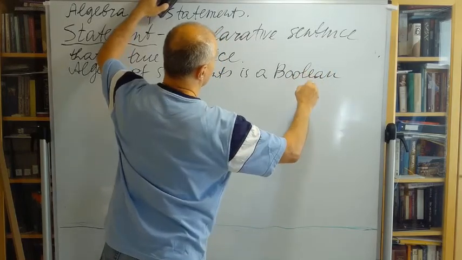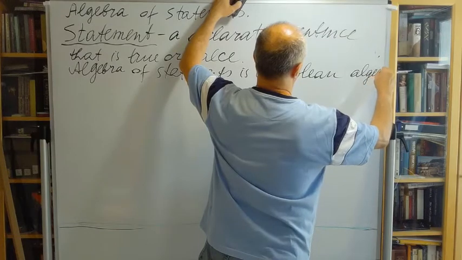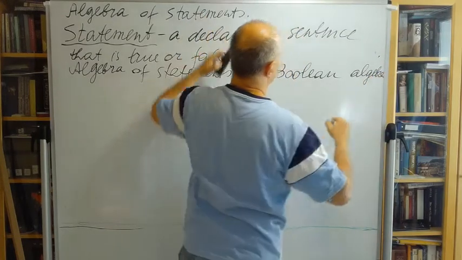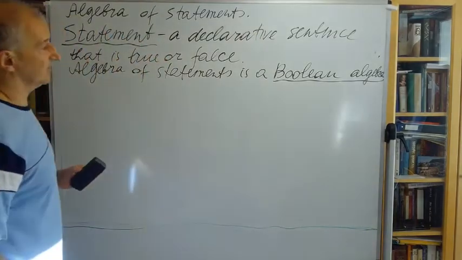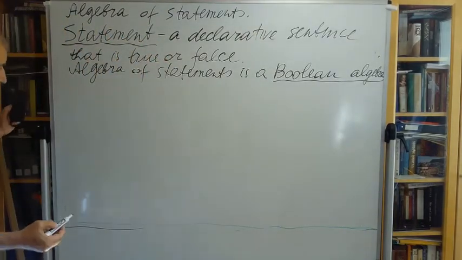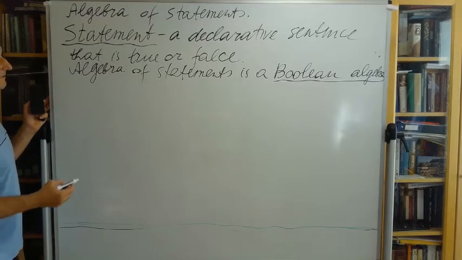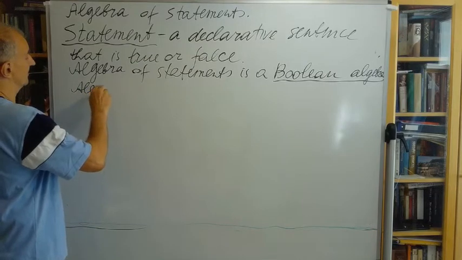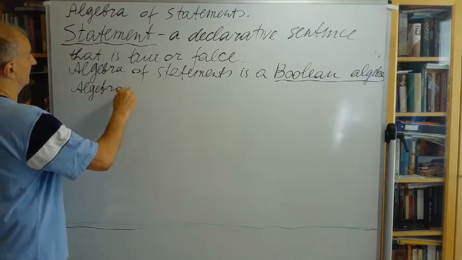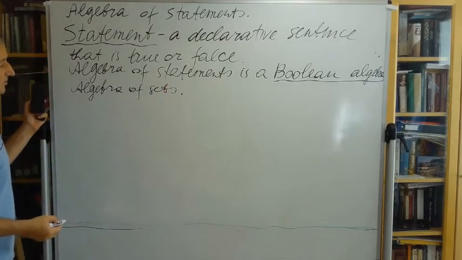What is a Boolean algebra? The best example that almost everyone knows is the algebra of sets. Algebra of sets is a Boolean algebra.